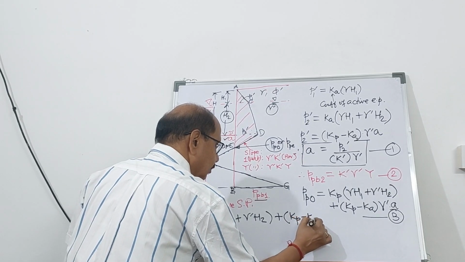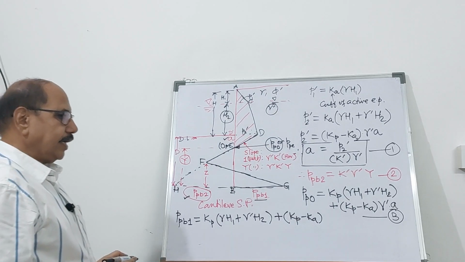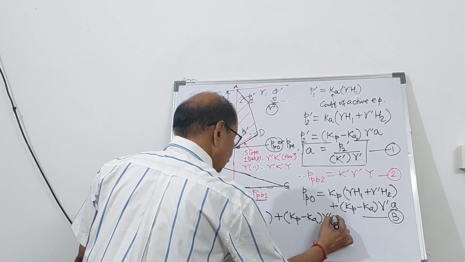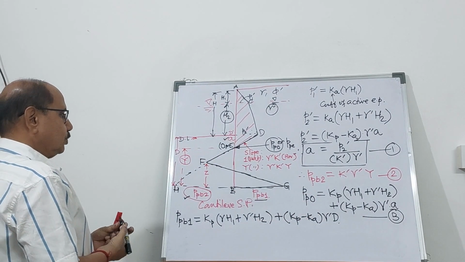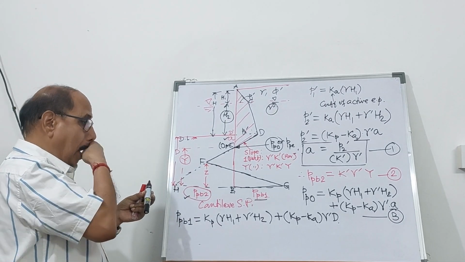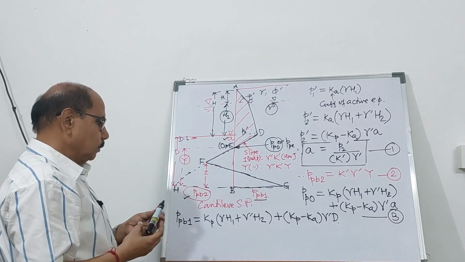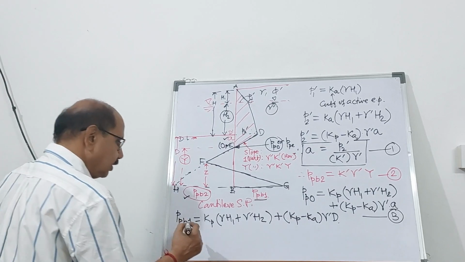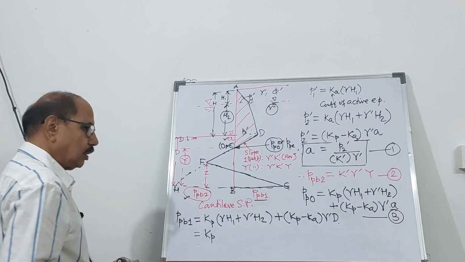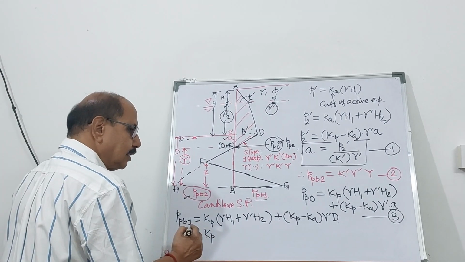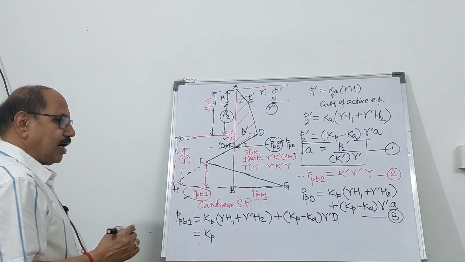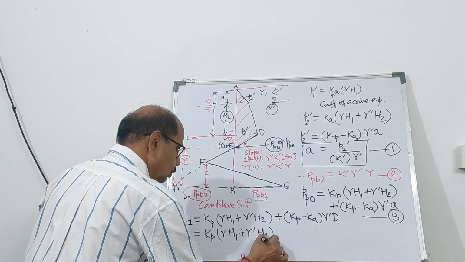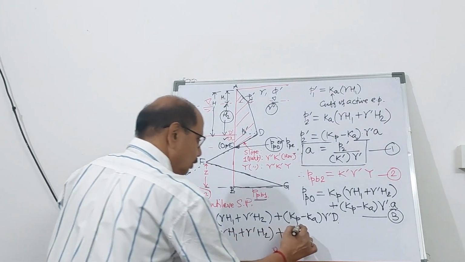Kp minus Ka into gamma prime into D. So this is the depth of embedment, and for this it is going to be the mixed condition, Kp minus Ka times gamma prime D. So this is equal to Kp gamma H1 plus gamma prime H2, plus this can be written as K prime into gamma prime.